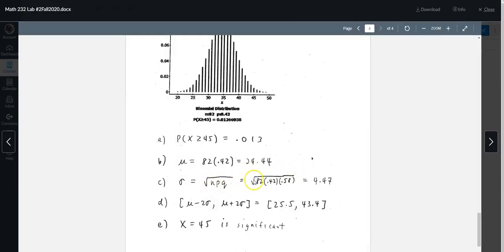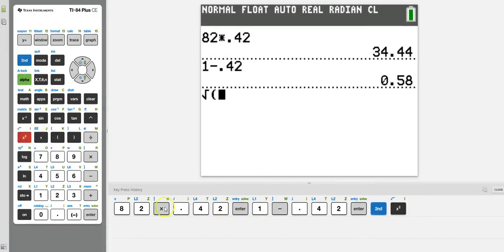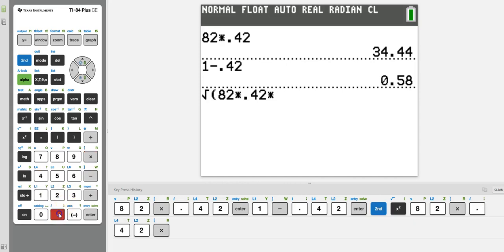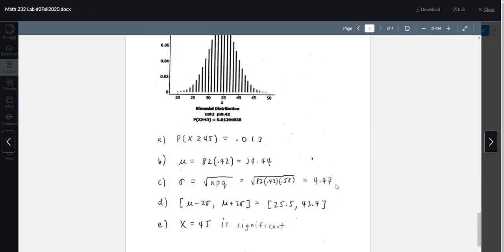So the square root of npq is the square root of 82 times 0.42 times 0.58. And if I do that on the calculator, I get the square root of 82 times 0.42 times 0.58. I'm going to close off the square root parentheses, enter. 4.47 if I round that off to 2 decimal places. So that's where I'm getting that 4.47 from.